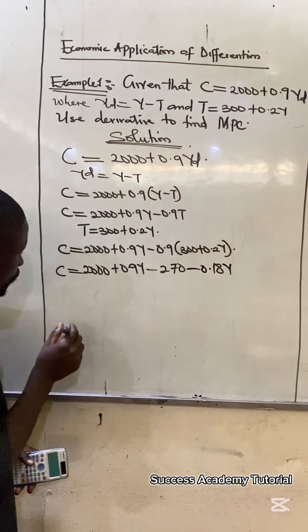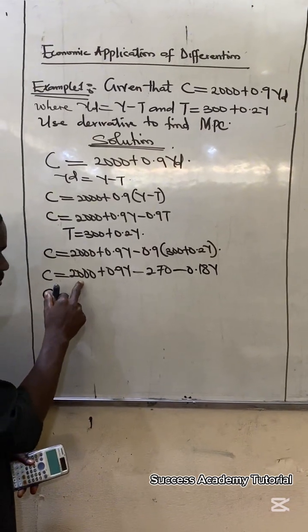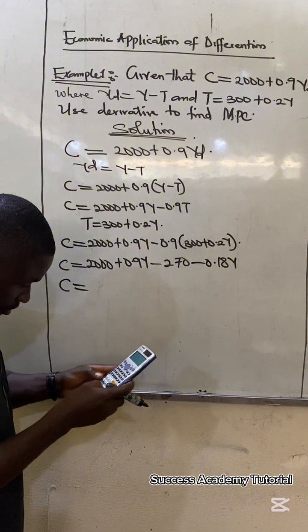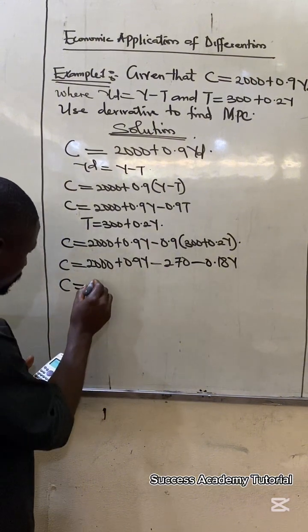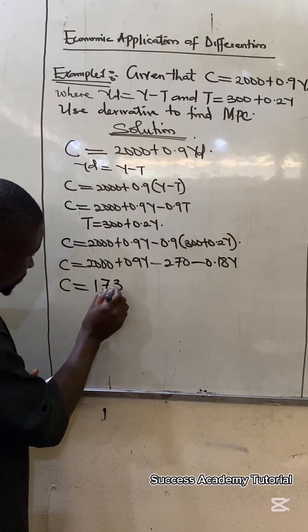y. So we are going to have our C is equal to, collecting the like terms, 2000 minus 270, which is 1730.